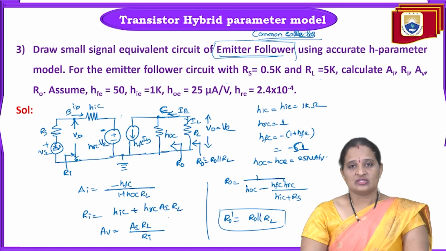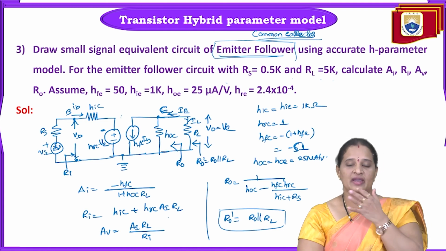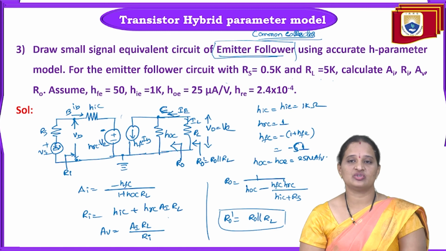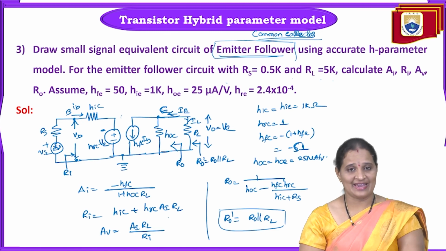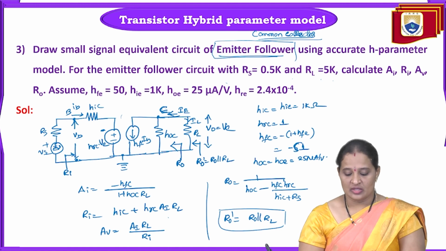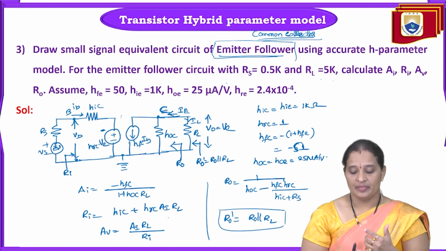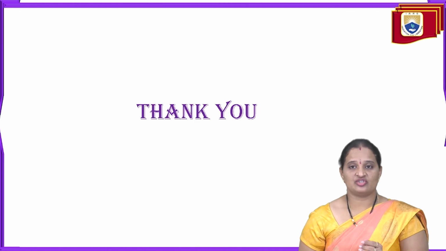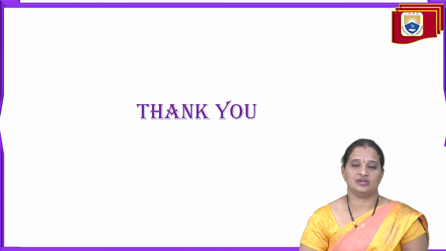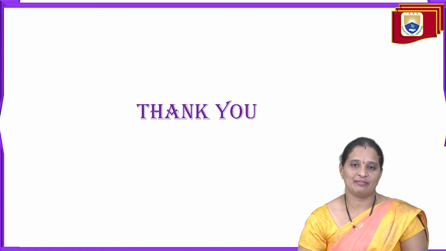So these are the different kinds of problems that may be asked on common collector amplifier exact analysis, that is using the hybrid parameter model. I hope it is clear to you all. That's all for this lecture. In this lecture, we have discussed the problems on common collector amplifier.